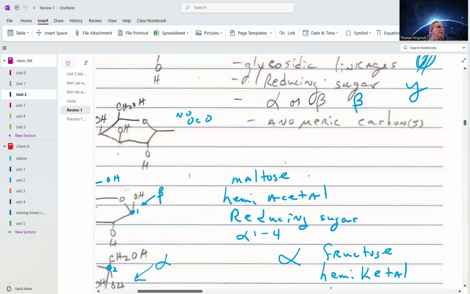Now, remember with carbohydrates, you've got monosaccharides, disaccharides, oligosaccharides, polysaccharides. And so 2 or 3 out of each one of those you need to know.